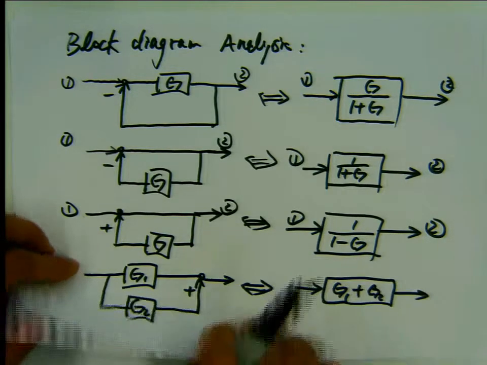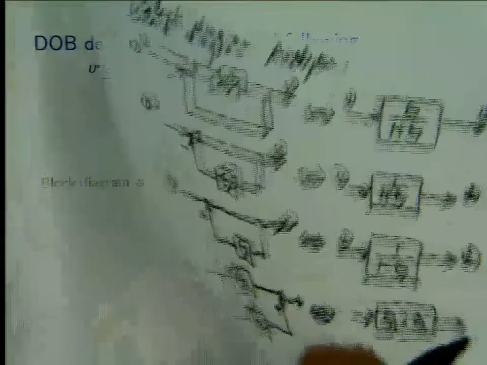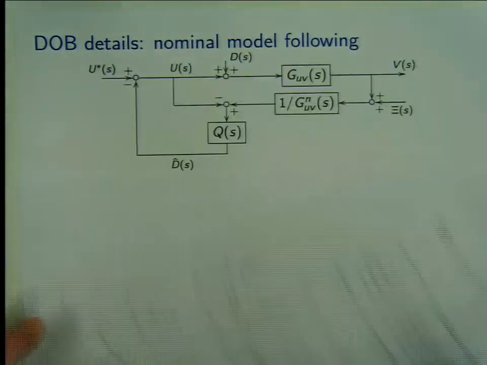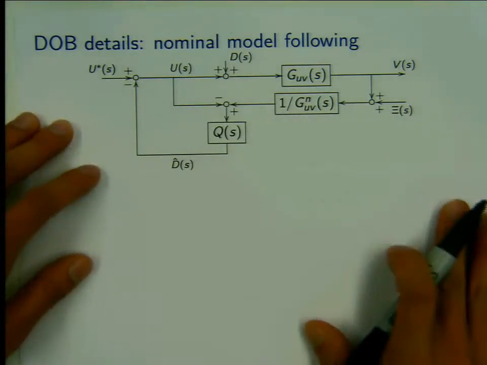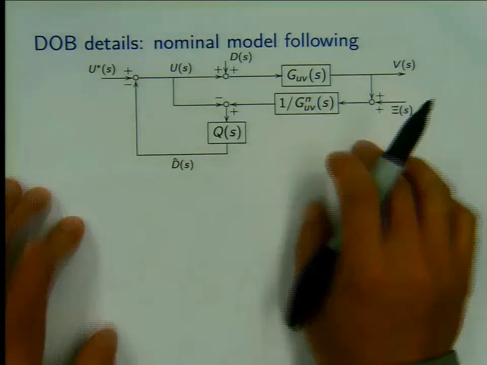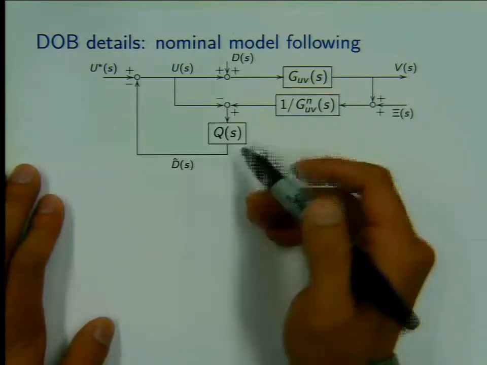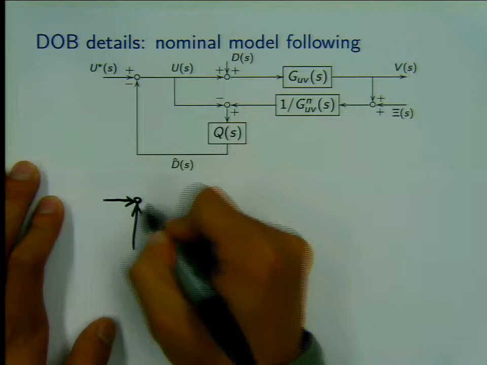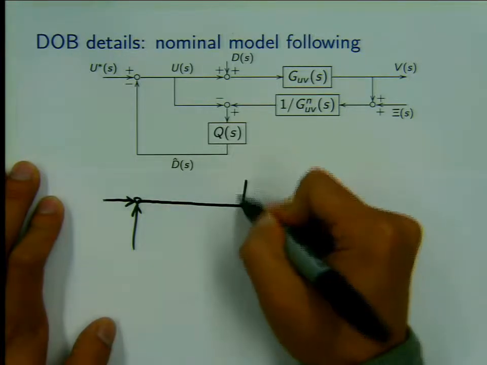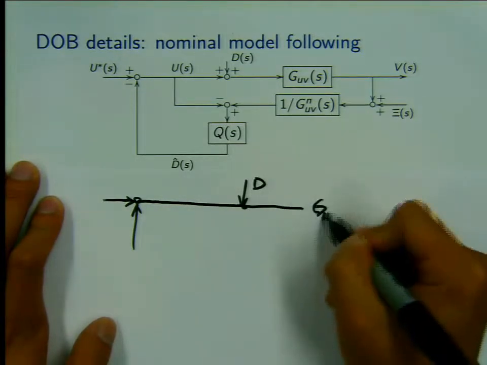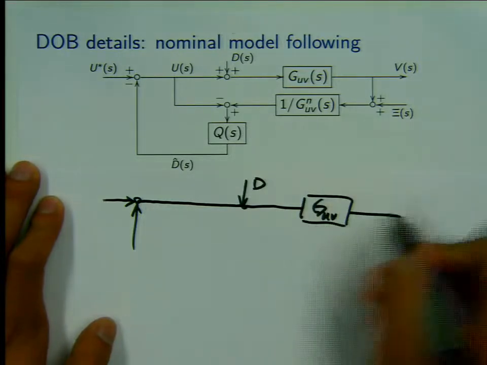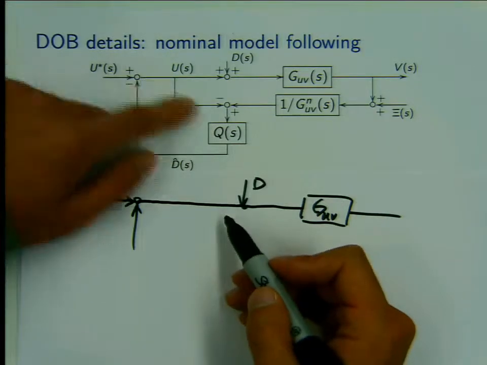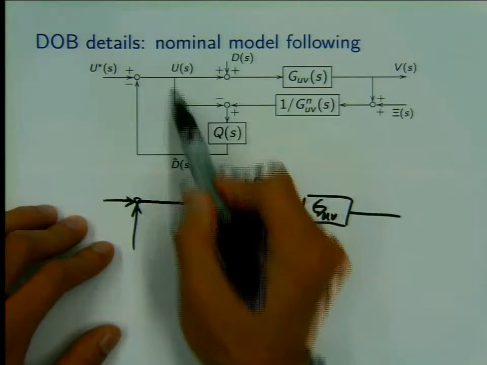Now, I'm going to do one thing to make the DOB loop look like things like this. Look at this feedback block diagram. First of all, I'm going to write down the first level of equivalence. This is D. This is the same G, U, V. Starting from U, there is this feedback path.